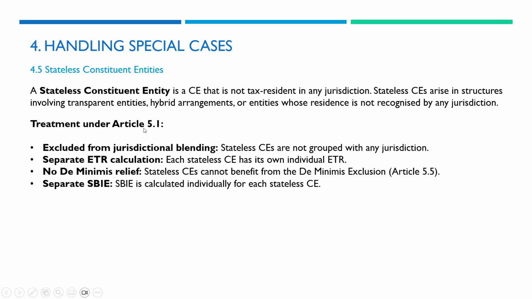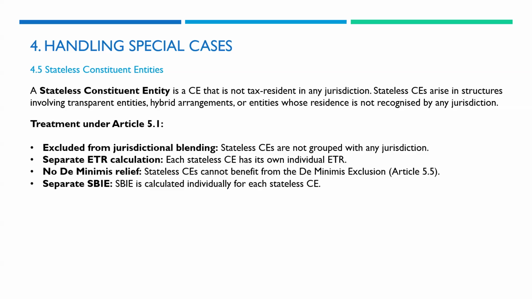If it is a stateless entity, then you don't do any jurisdictional blending. You calculate the ETR for that separately. They are excluded from jurisdictional blending; stateless CEs are not grouped with any jurisdiction. Each stateless CE, you can't group all the stateless CEs together either.